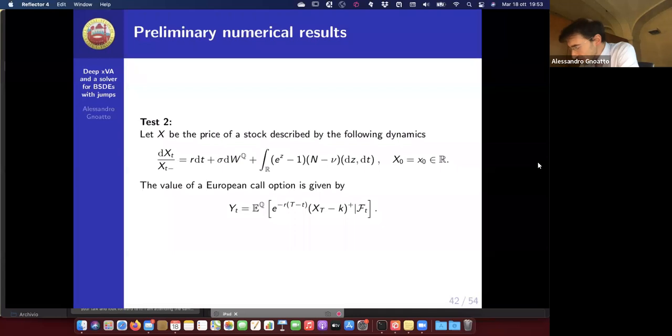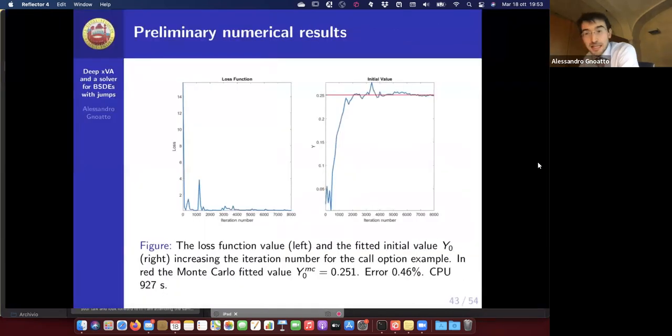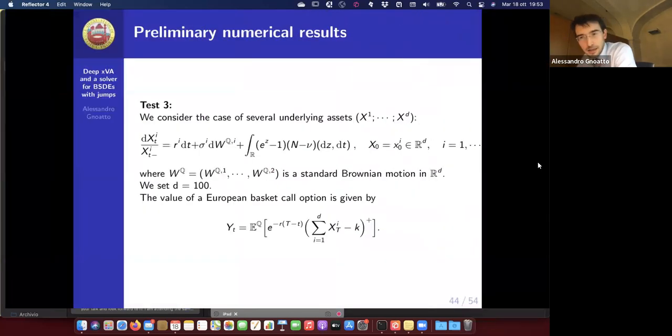The second is a European option on a Merton jump diffusion model. And again, this works nicely. So Merton jump diffusion, finite activity case. And then the big high-dimensional example, again an option with 100 underlyings.